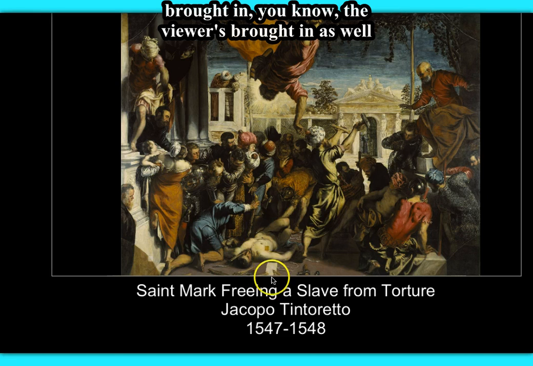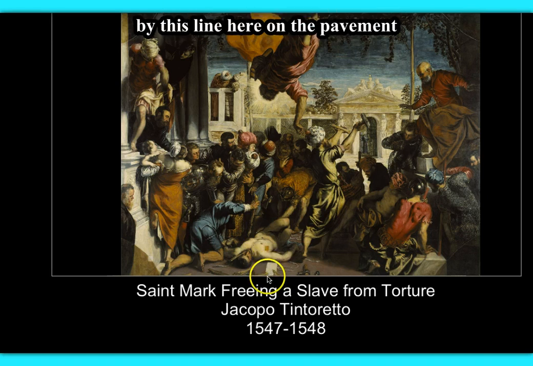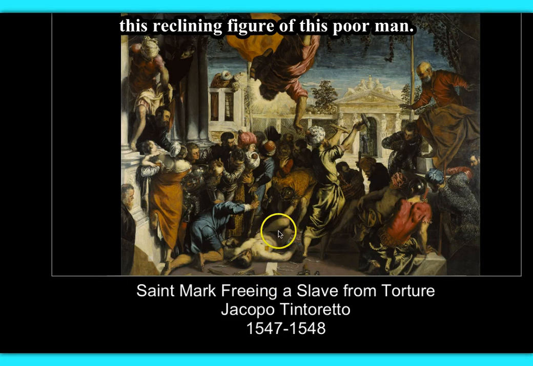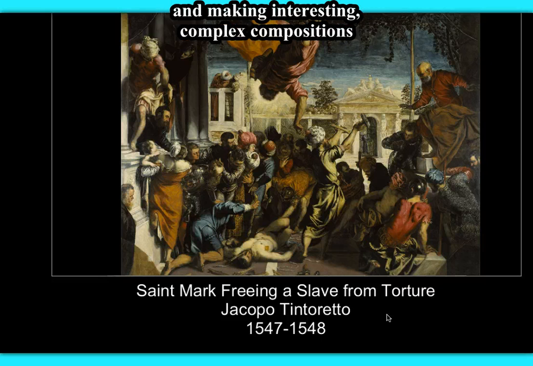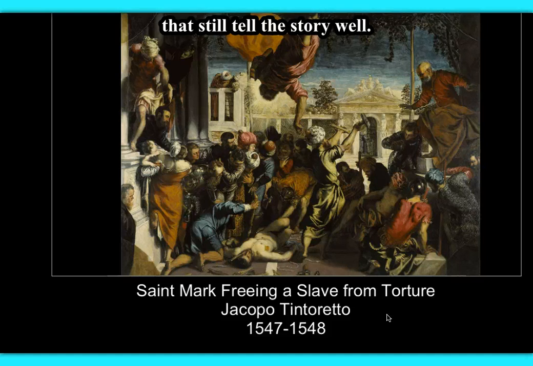The viewer is brought in as well by this line here on the pavement, that naturally leads us to this reclining figure of this poor man. So he's really showing off his abilities in foreshortening and making interesting, complex compositions that still tell the story well.